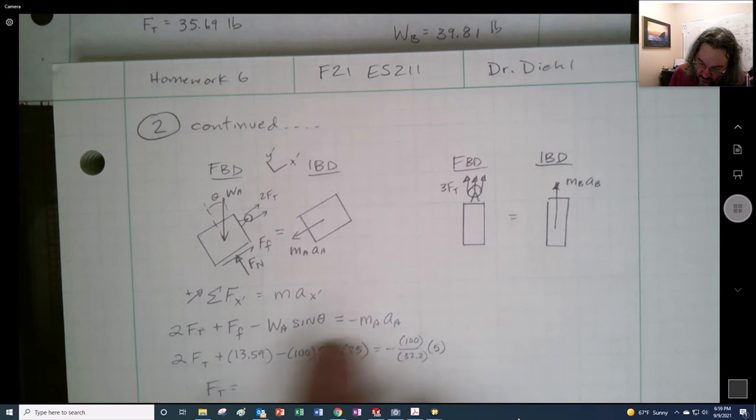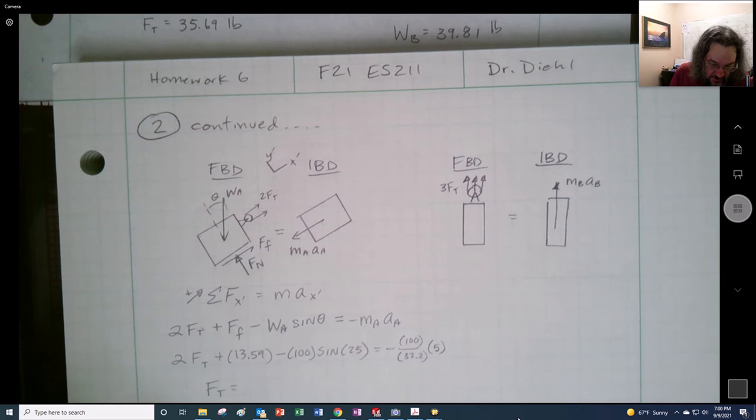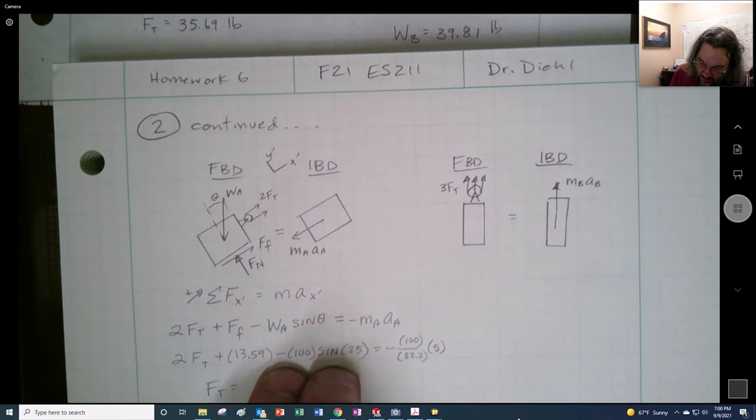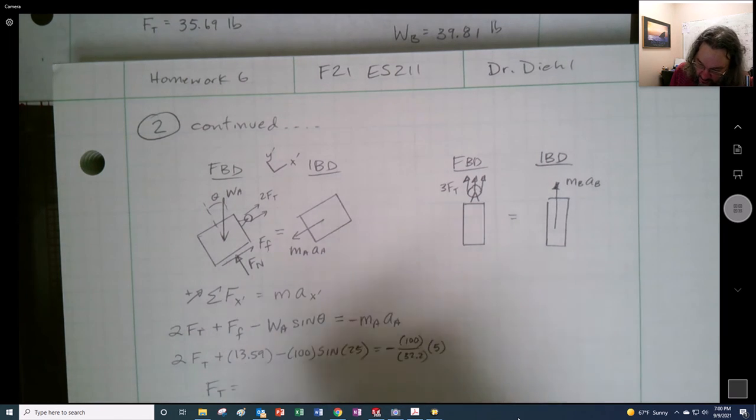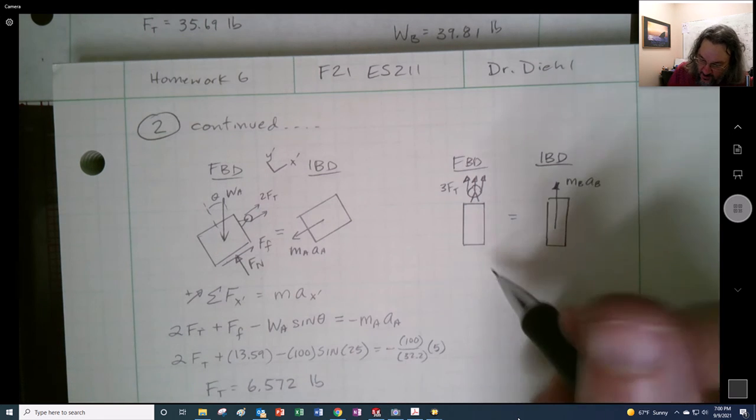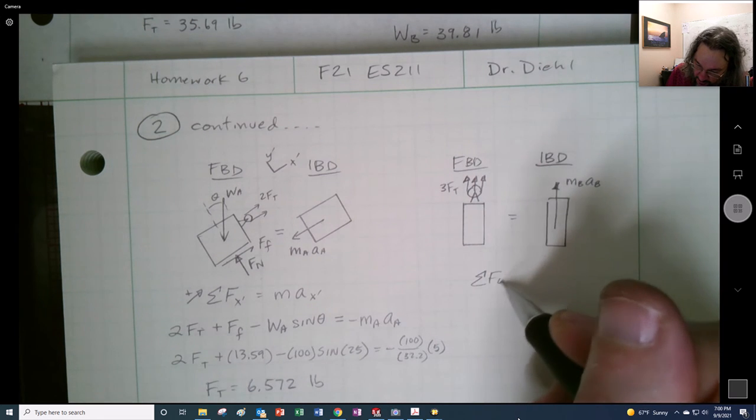So that's going to come back over to the other side. But it's going to be also additional 13.59. And now we have that 100 times sine of 25, and that's going to come back over there. Yep, that'll work out. Okay. And so then divided by 2. So it's 6.572 pounds.